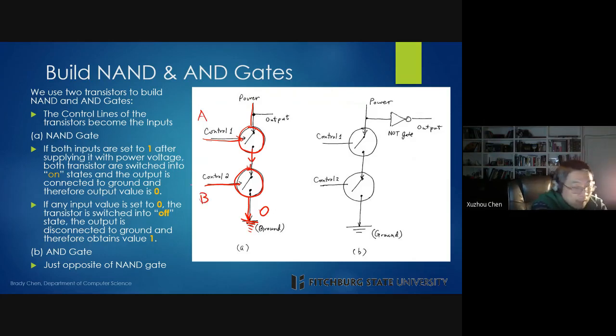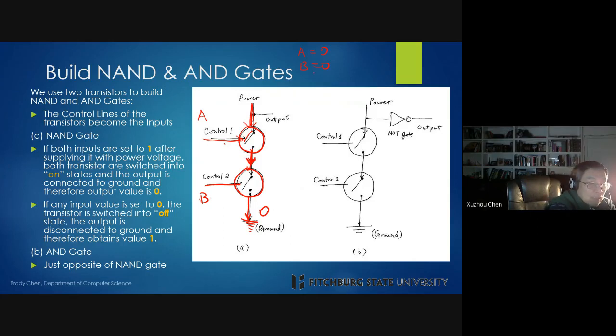Now let's check that one. What about if A is 0, B is 0? That means this line and this line are disconnected, because if control is 0, the switch is off. If the switch is off, then these 2 are disconnected.